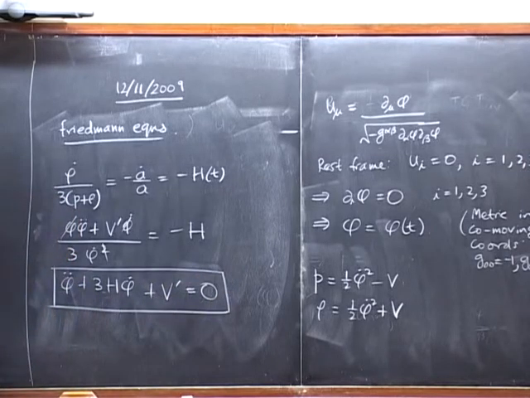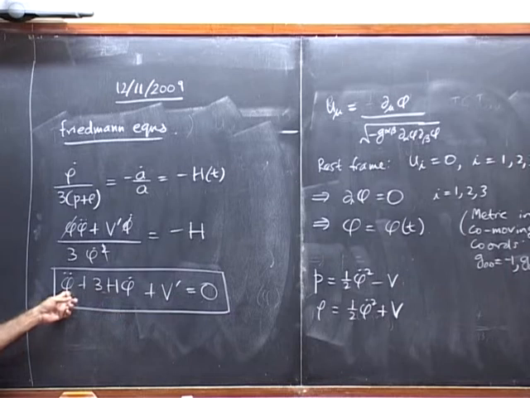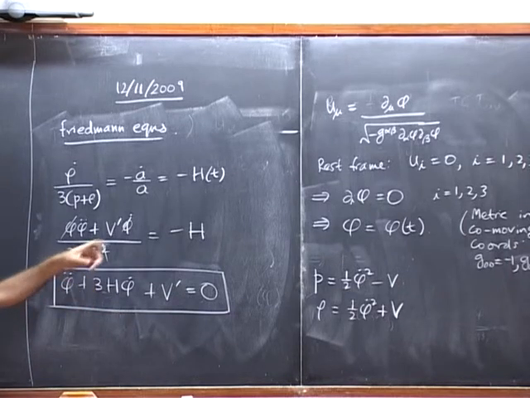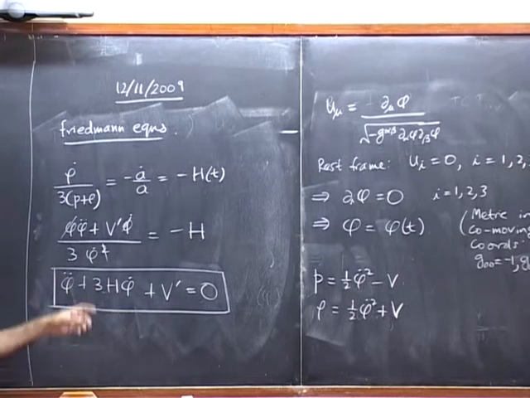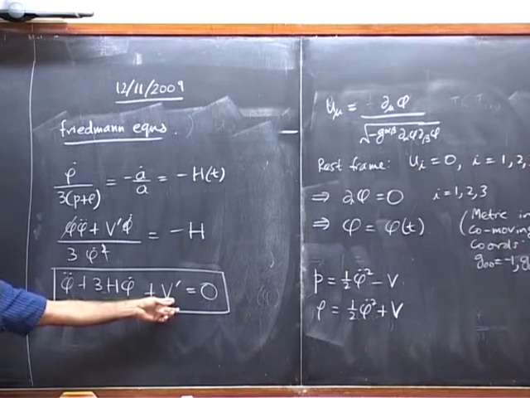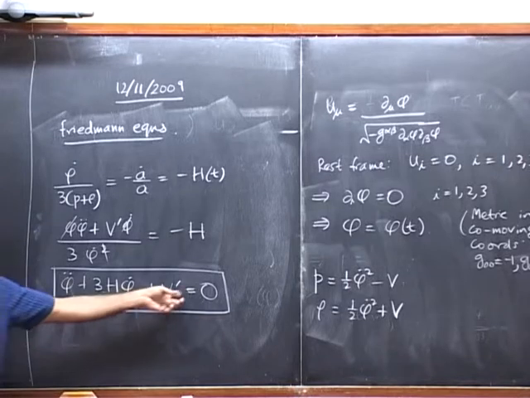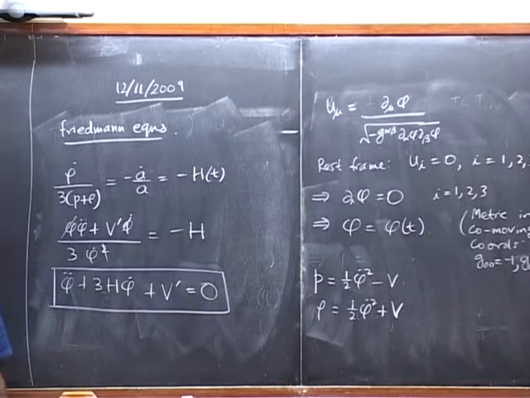So now see what a nice thing has happened. From the Friedmann equation, we found an equation for the scalar field, second derivative. The scalar field itself, being a function only of time, for all purposes behaves like the coordinate of a non-relativistic particle moving in a potential V. For such a situation, the equation of motion for that particle would have been x double dot plus V prime equals 0.